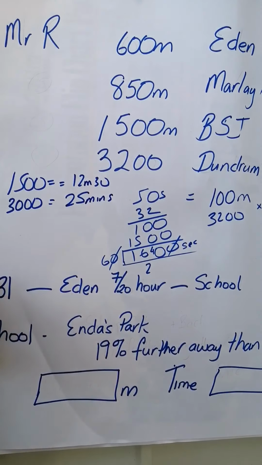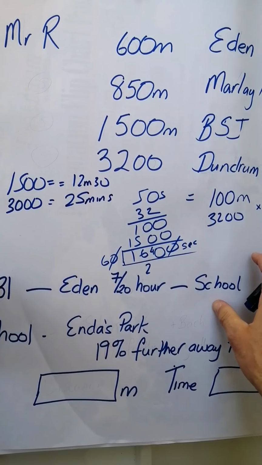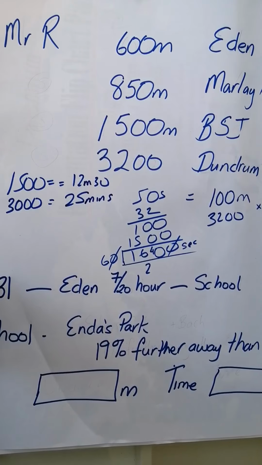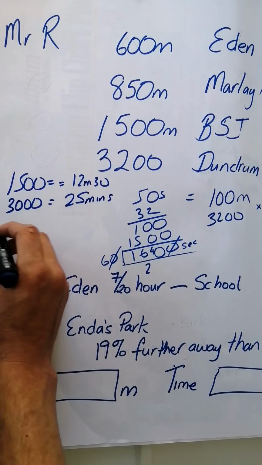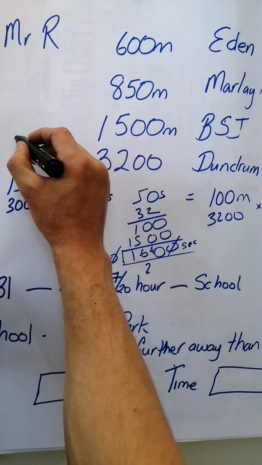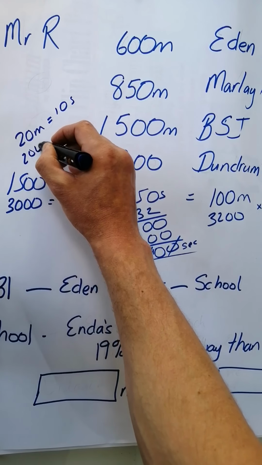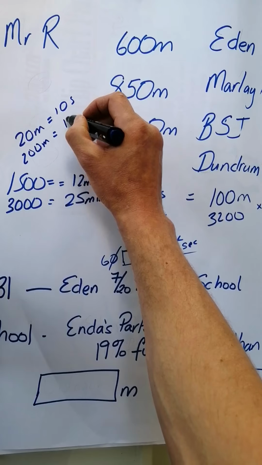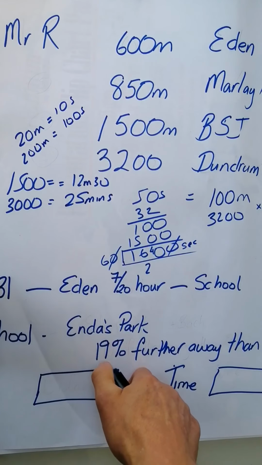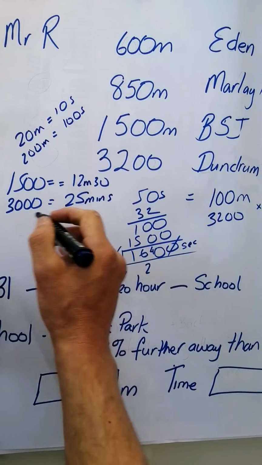And now I have to find what 200 meters is. So if 20 meters is 10 seconds, I'll do it up here. 20 meters is 10 seconds. 200 meters is 100 seconds, which is 1 minute and 40.